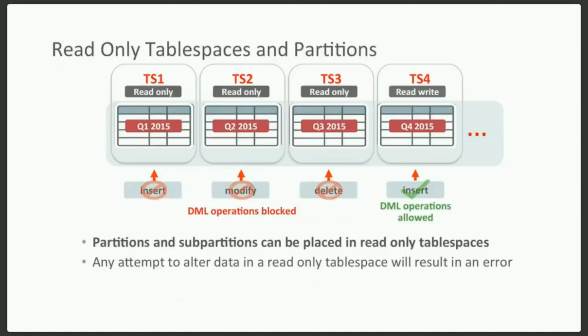So early on, we used to have read-only tablespaces, and then we could put partitions in those tablespaces, and they would inherit the read-only attribute from the tablespace. So if I wanted to have some read-only partitions and some read-write partitions, I had to simply set them up in different tablespaces.